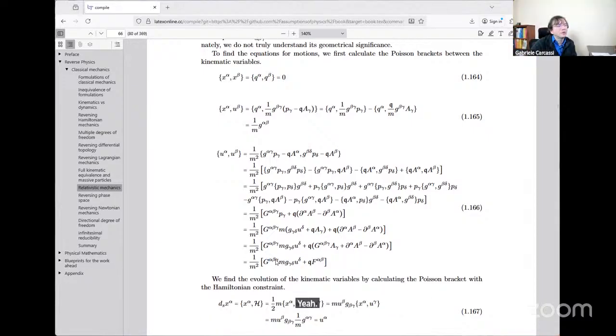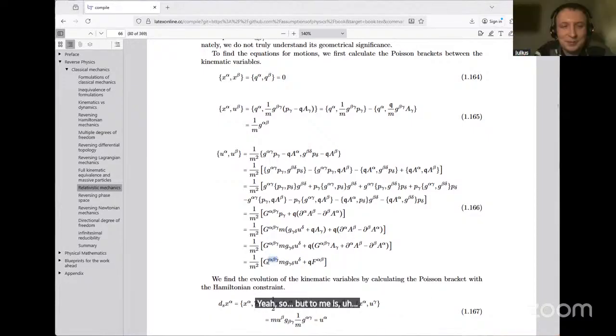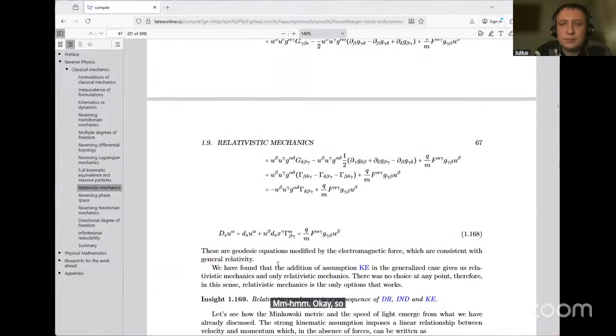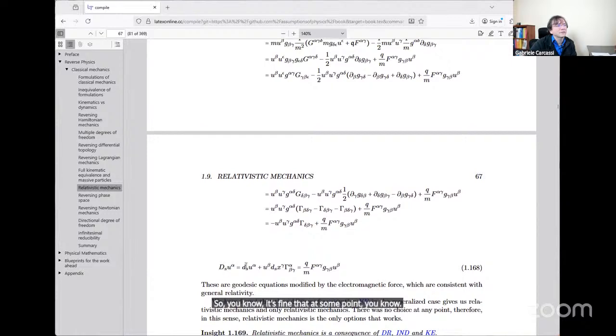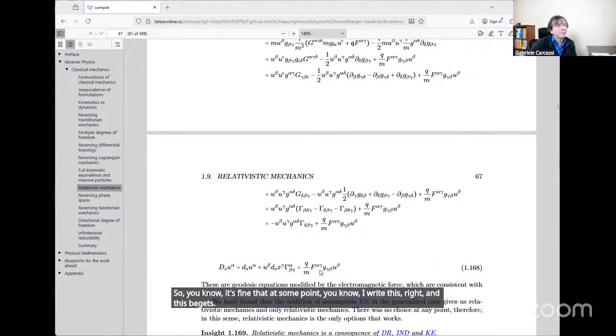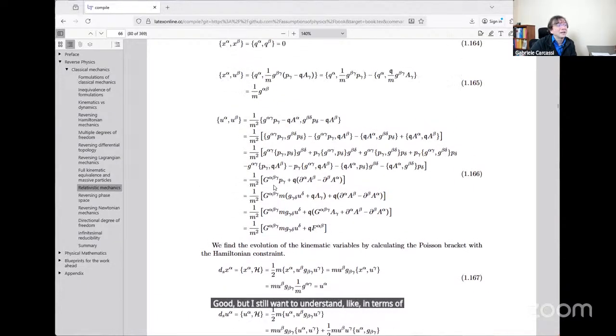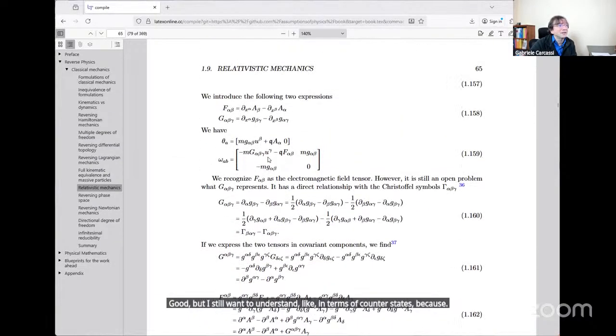But to me, I actually want this term because I think it's doing something and I want to understand what it's doing. So I don't want a notation that hides it. I want to know exactly what it is doing. It's fine that at some point I write this and it gets good, but I still want to understand it in terms of the count of states, because clearly, if I'm using these variables, I am correcting my count of states.